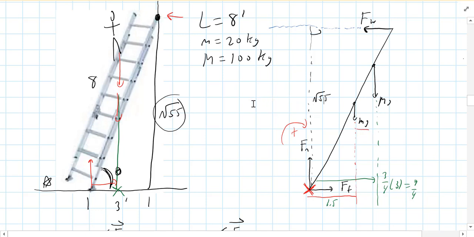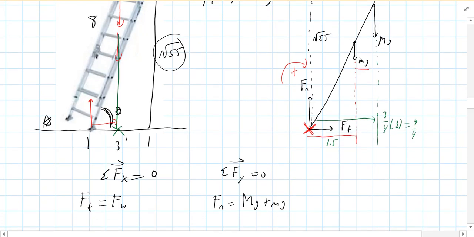Now all I've got to do is figure out clockwise and counterclockwise. So I'll do net torque about that axis equals 0. We start with the weight of the ladder, little mg times its lever arm, 1.5, plus my weight, which is also trying to rotate the ladder clockwise, so big Mg times 9/4 of a foot.